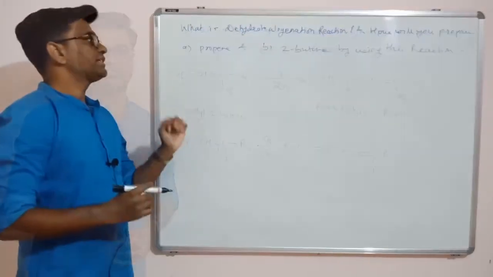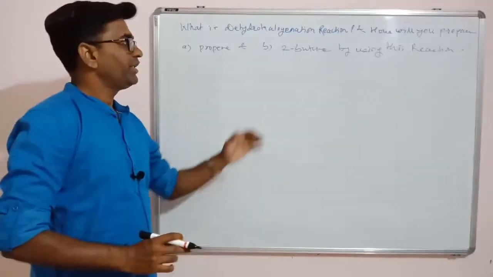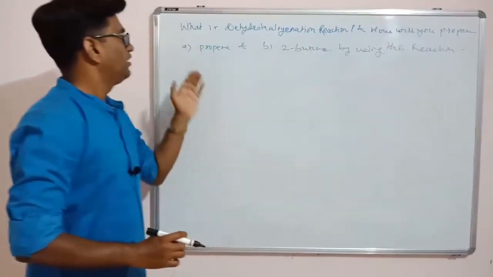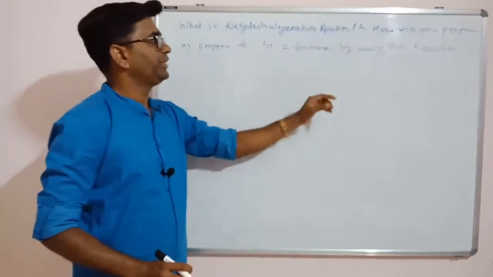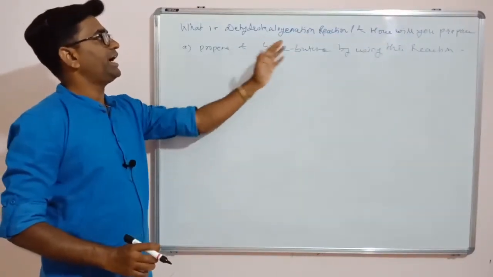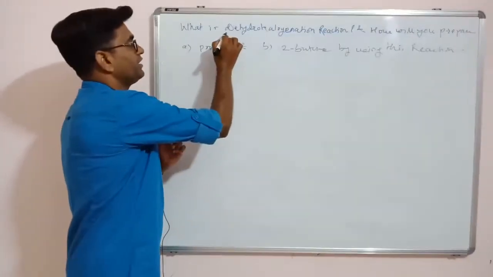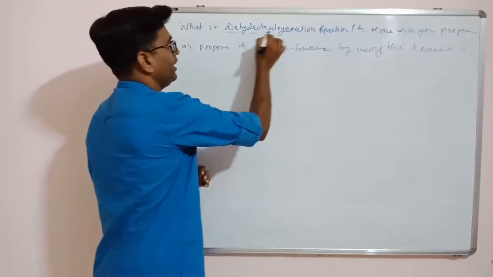Now let's see the next example. What is the dehydrohalogenation reaction and how will you prepare propene and 2-butene by using this reaction? The first part is what is dehydrohalogenation. De means removal, hydro and halogen.